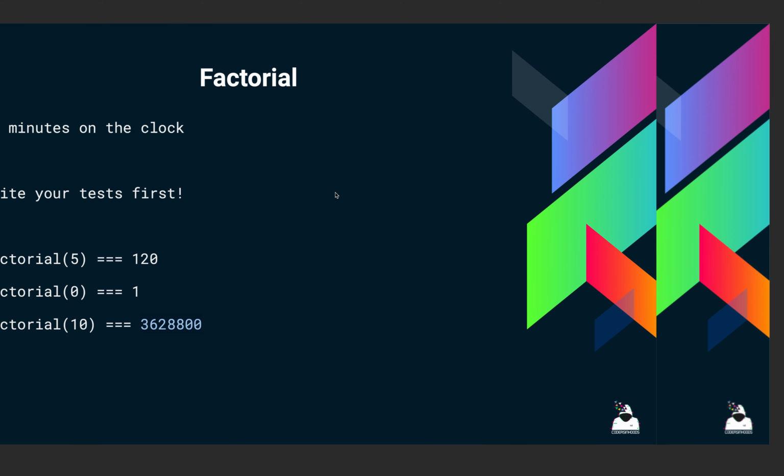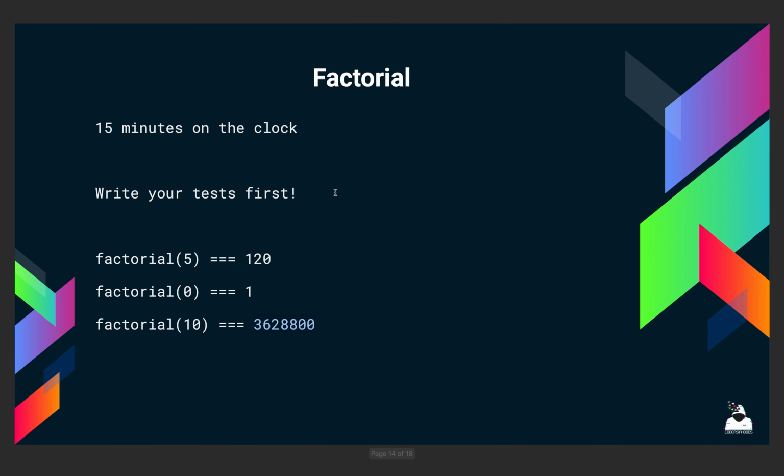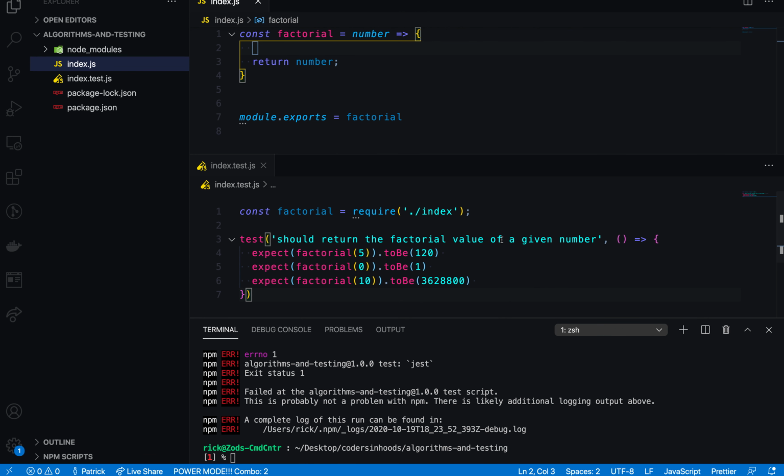Then we should be able to get the last one done. Remember the exception that if you get a 0, then you just want to return 1.